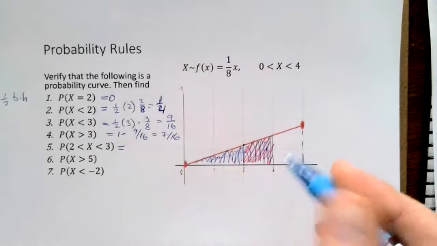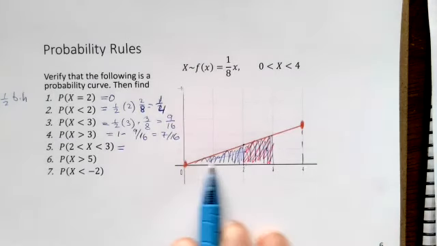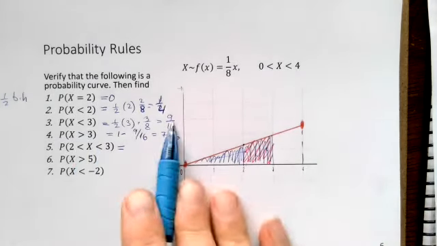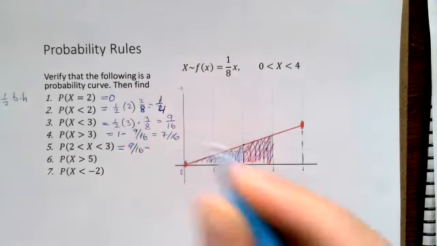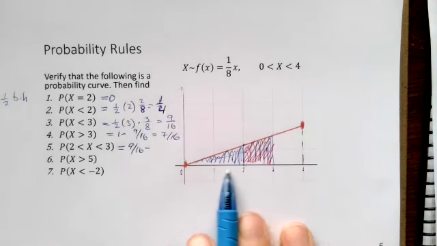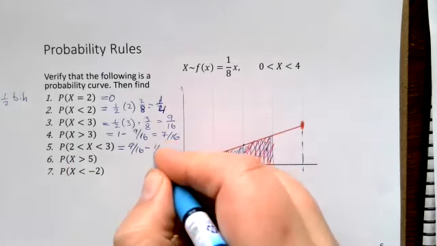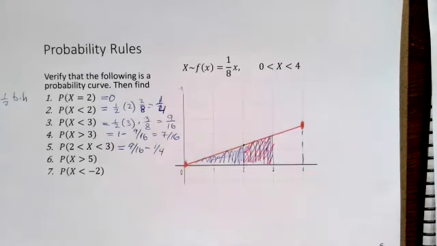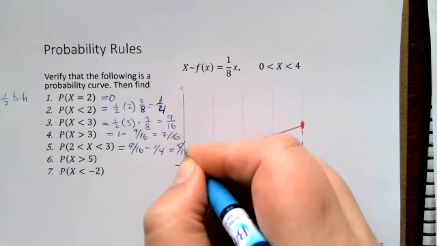That's the probability that x is less than 3, which is 9 over 16, minus the probability that x is less than 2, which is 1/4 or 4 over 16. So the result is 5 over 16.